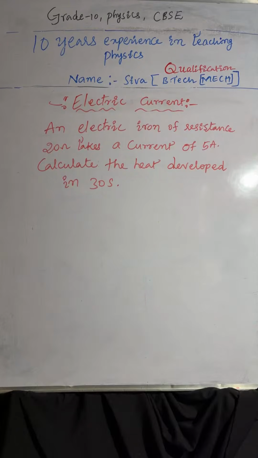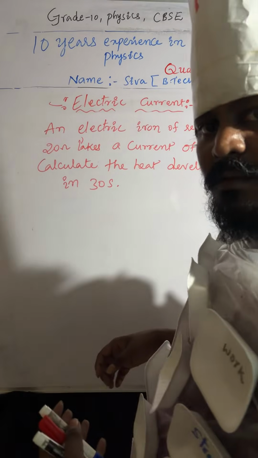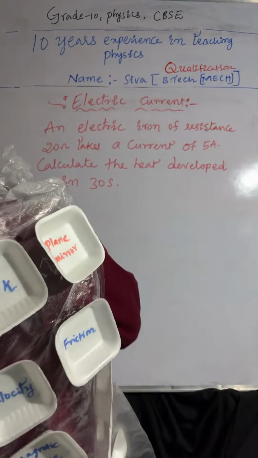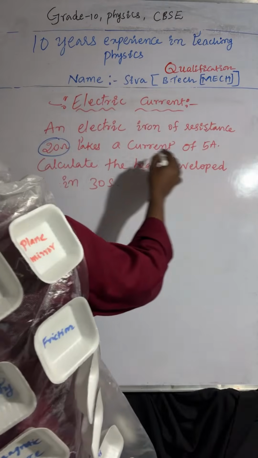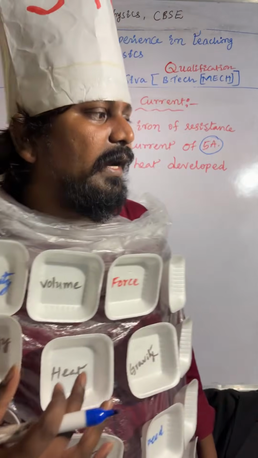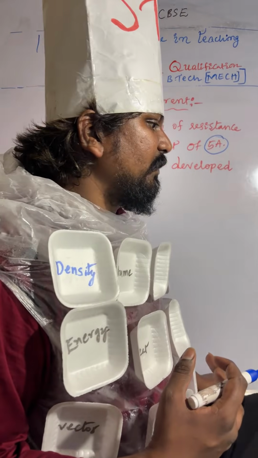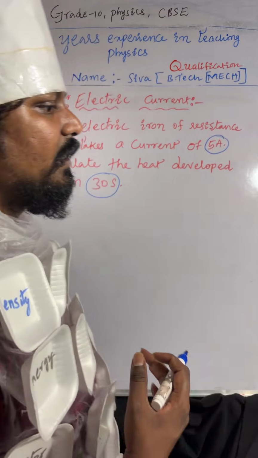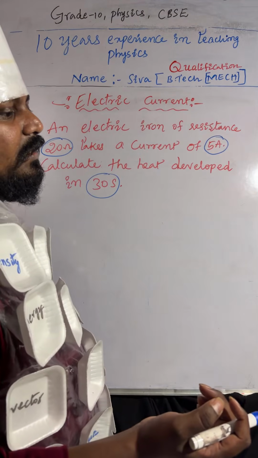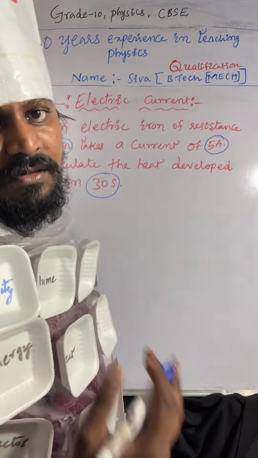So here you can see an electric iron of resistance 20 ohm and a current of 5 ampere. 30 seconds given. Understood or not? So here we have to find out the heat produced in the conductor. That is H equal to I square RT.